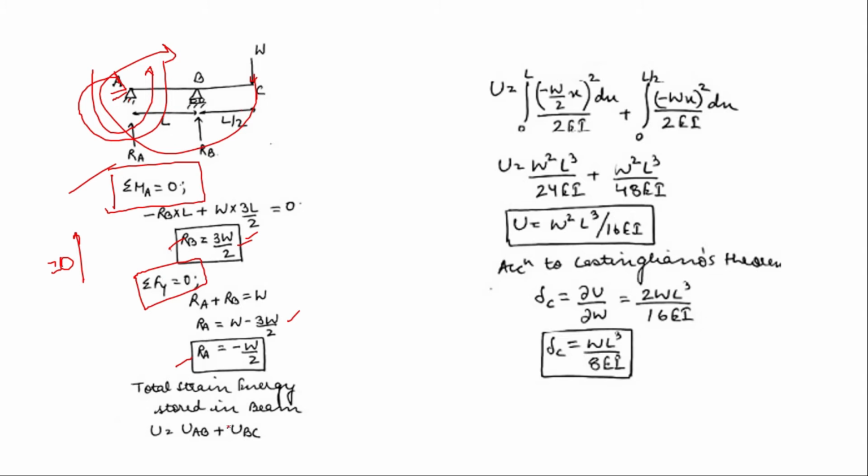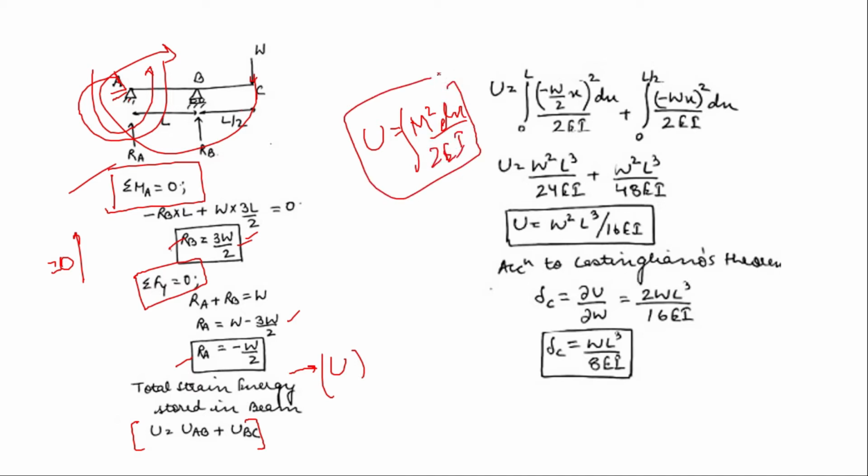So the total strain energy stored in the beam will be how much? We indicate strain energy with U, and the total strain energy stored will be U of AB, the strain energy stored in beam AB, plus that of beam BC. So the total strain energy will be equal to UAB plus UBC. Now U is equal to the integration of M square dx upon 2EI.